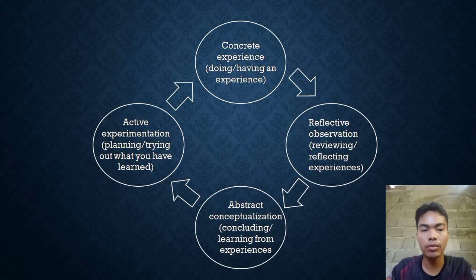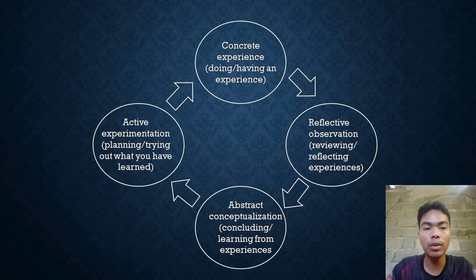It can be attained through reflecting on the experience that we had in the first one, the concrete experience. The third one is the abstract conceptualization. And the fourth one is the active experimentation, in which we can apply the things that we have learned in the past experiences that we have.